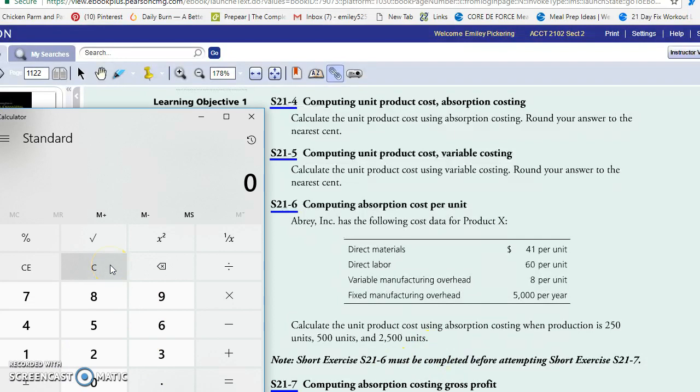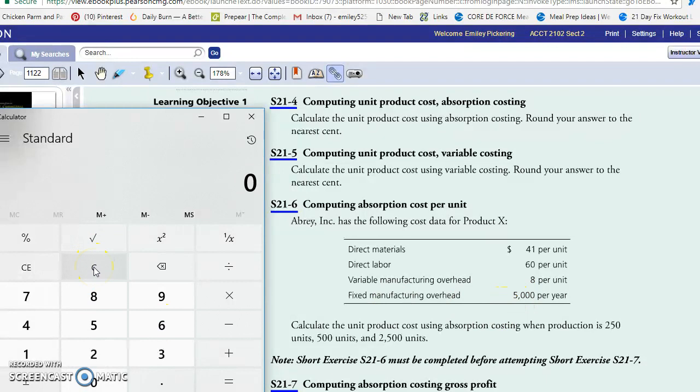So obviously we're going to take the $41 per unit, 60, and the 8. Now, once you get into fixed overhead, it gets a little bit trickier. So we're at 109 right now per unit, regardless of how many we make. Because of the fixed manufacturing overhead cost, the per unit cost will now change.